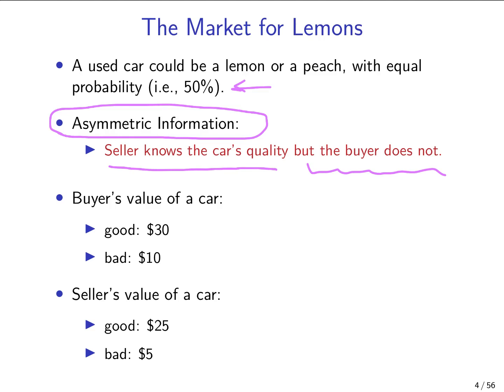But when we talk about one particular car, whether it's good or bad, only the seller knows about the quality. The buyer will have no idea beyond that. There's a 50% chance this is good and 50% chance this is bad. So there's information asymmetry between the seller and the buyer.